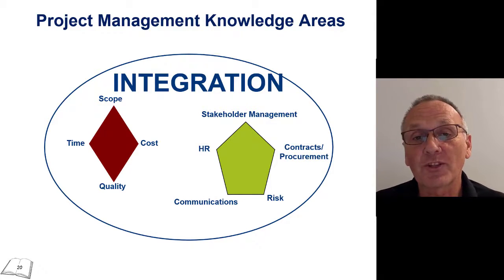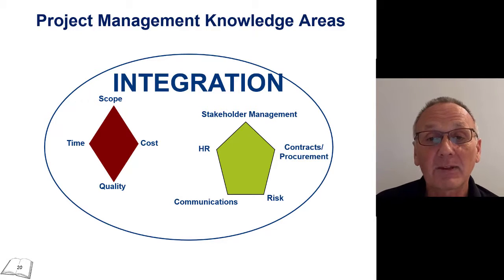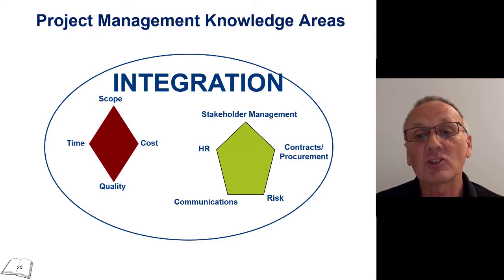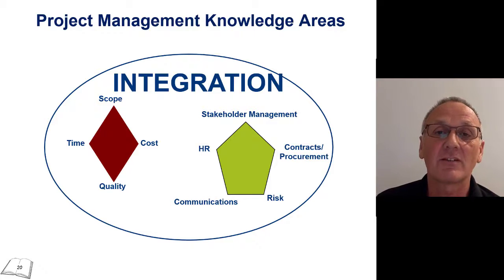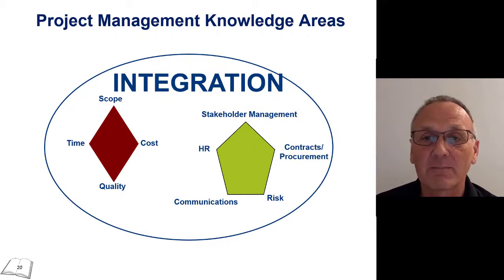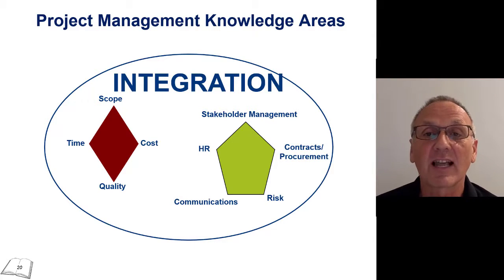We've got to make sure that we have enough of each of these elements and that we've combined and integrated them all into a holistic project management plan, a plan that achieves each of these other 9 management areas and can be delivered to successfully achieve the project objective. So integration is a very important knowledge area, and that'll be covered later on in the program.